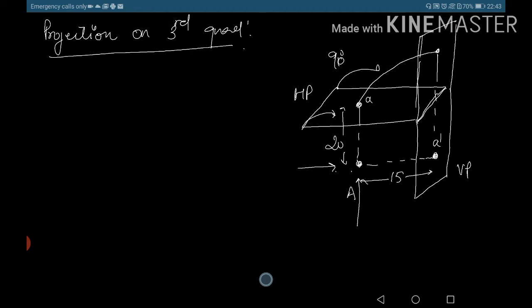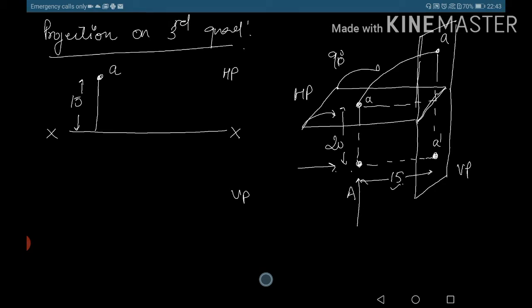So this is A. The answer would be like this: you have to draw a line XX on your drawing sheet and mark a point, since HP is above the XX line and VP is below the intersection XX line. This distance was how much? 15. So you go 15, and mark a point which is A.